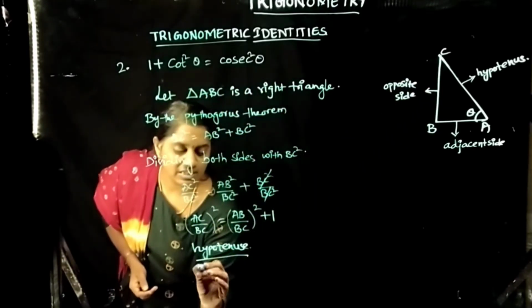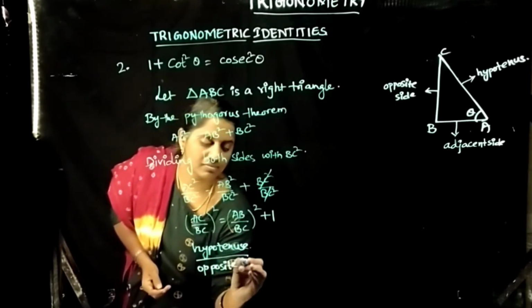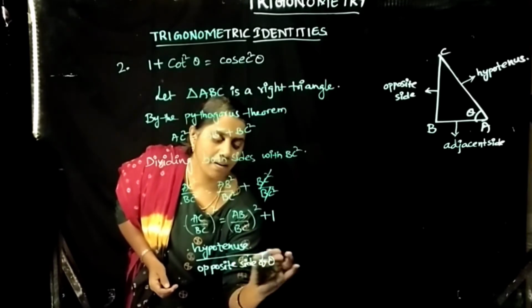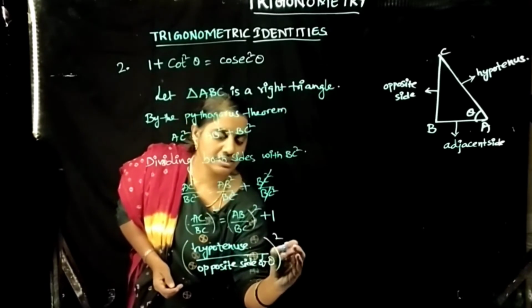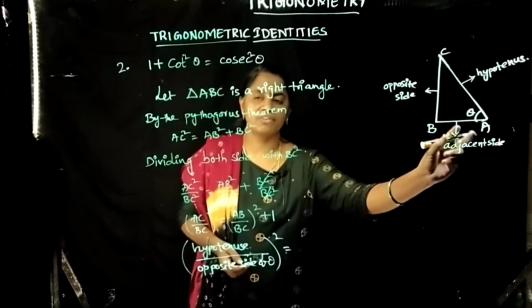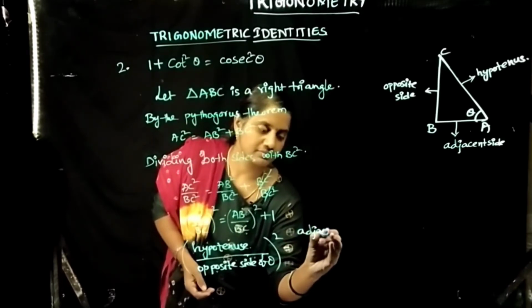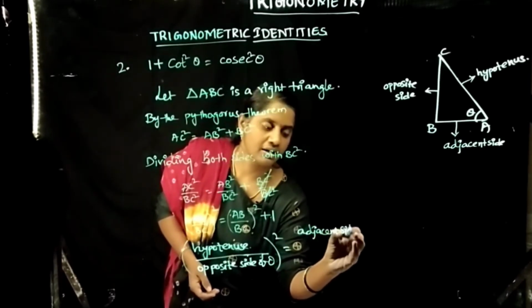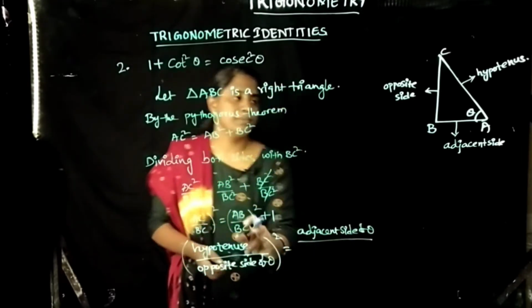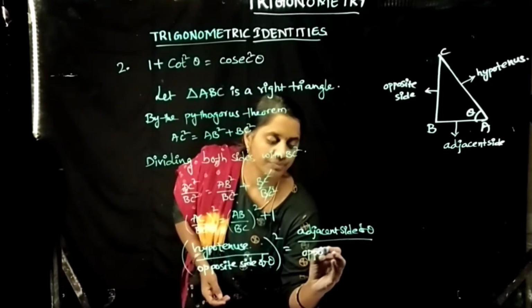It is the opposite side of theta, whole square, is equal to, what is the name of AB? AB by BC. What is the name of AB? It is the adjacent side of theta by BC, which is the opposite side of theta.